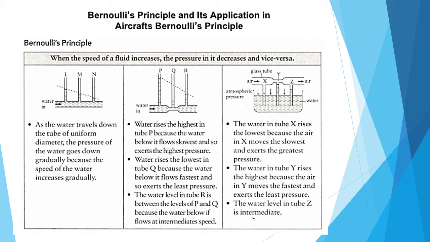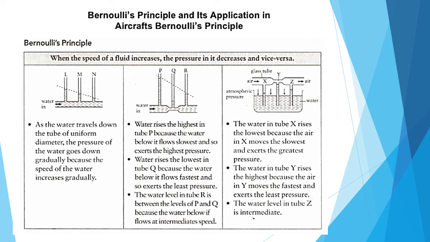Okay. Third diagram. Here you can see the water in the basin is static, right? And the air flows in the glass tubes X, Y, and Z. The water in tube X rises lowest because the air in X moves the slowest and exerts the greater pressure.